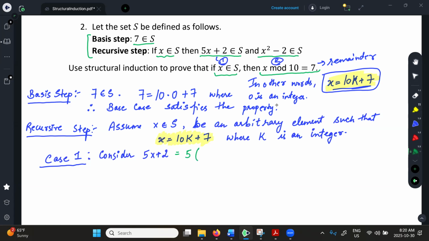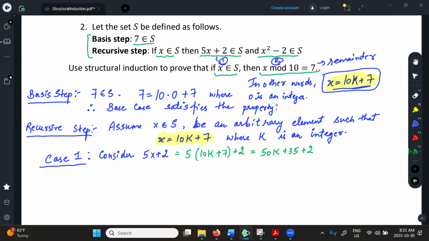So this will be 5 times (10k plus 7) plus 2. What does that give me? Do some math. Well, this gives me 50k plus 35 plus 2.